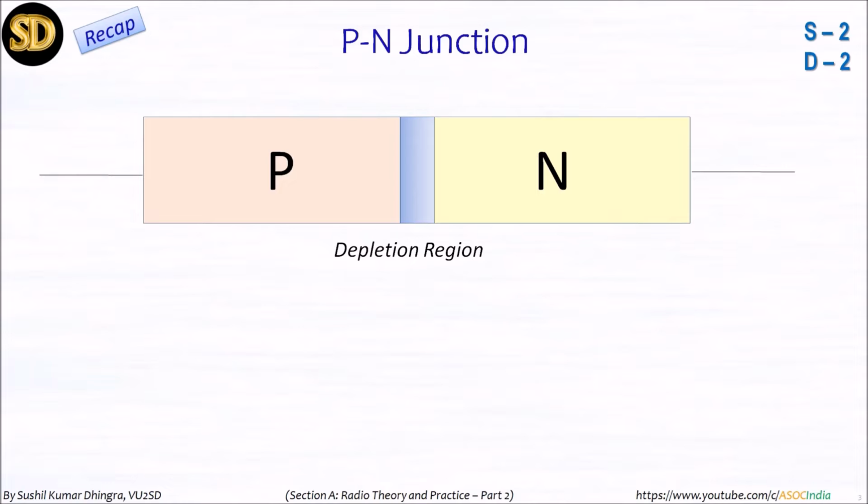This is called the depletion region. The barrier voltage for silicon is around 0.7 volts, and for germanium it is 0.2 to 0.3 volts. I have already explained that in my previous slides.